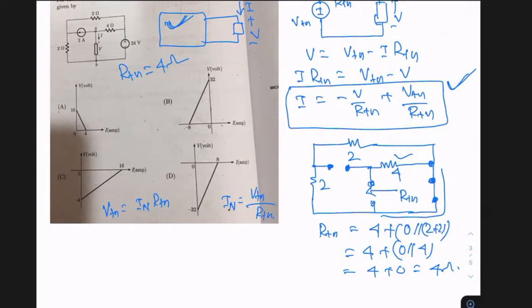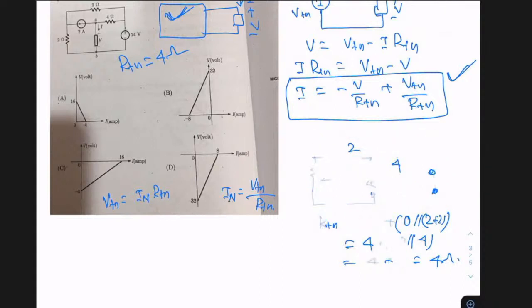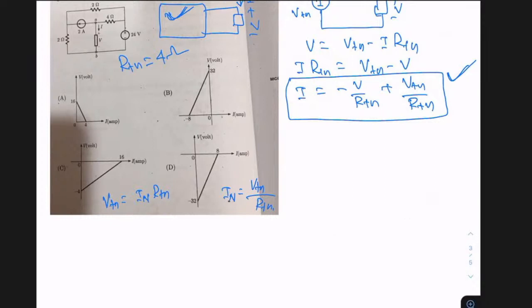So how do you get the value of IN? To get the value of IN, the corresponding load should be short circuited. If I ask you to draw the corresponding circuit, how does it look? Let's have a look. It will be something like this. This is your 2 ohms. This is your 2 amperes.